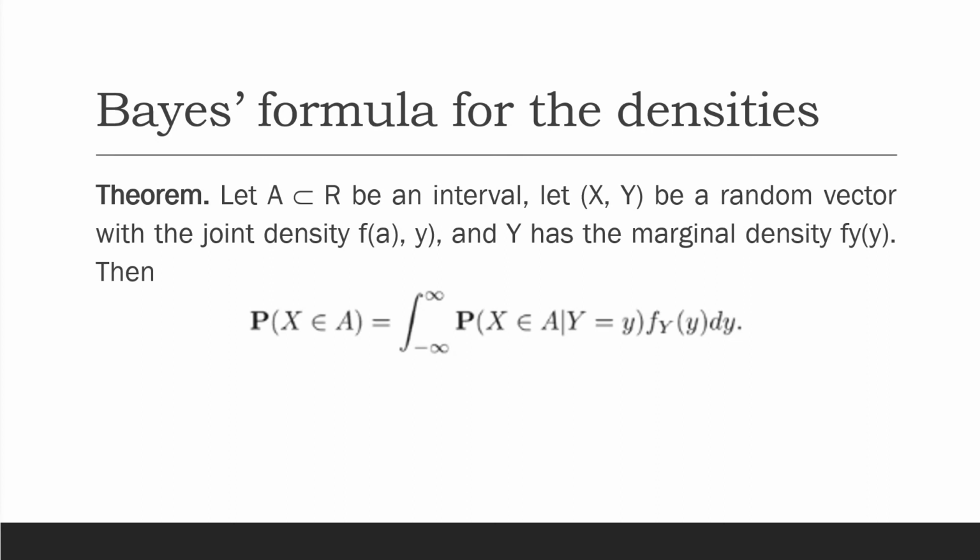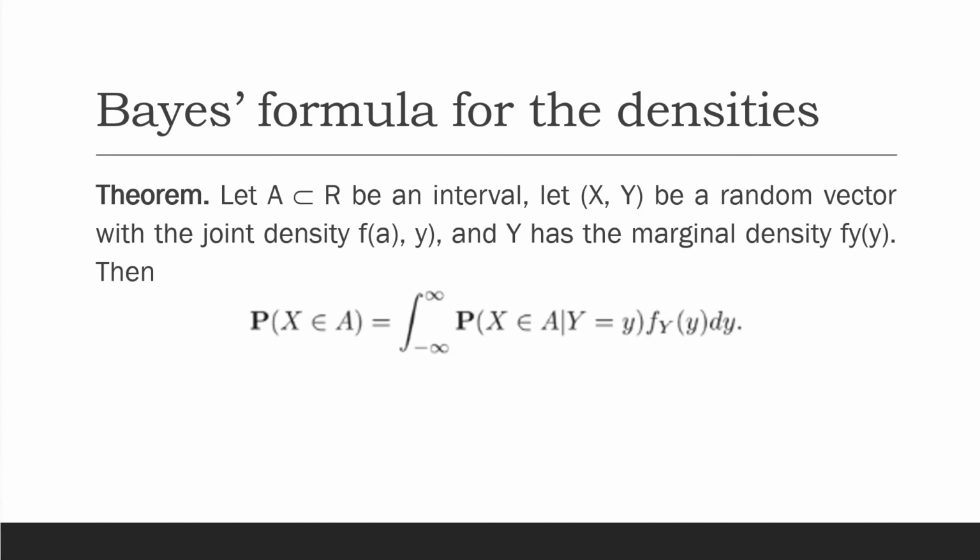Let A be a subset of R, an interval. Let the pair x, y be a random vector with the joint density f of xy. Then y has the marginal density f of y.